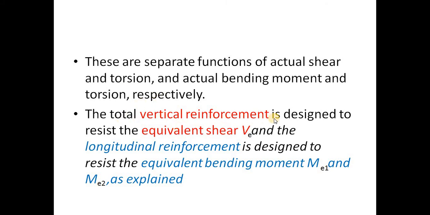The total vertical reinforcement is designed to resist the equivalent shear, that is VE, and longitudinal reinforcement is designed to resist the equivalent bending moments, that is ME1 and ME2, as explained. How to design it, we will explain further. We have to consider the equivalent bending moment by adding the normal bending moment with the bending moment induced by the torsion, and find out the longitudinal reinforcement. Vertical reinforcement can be found by adding the actual shear with the torsional shear.